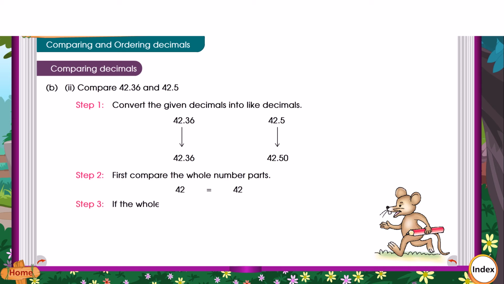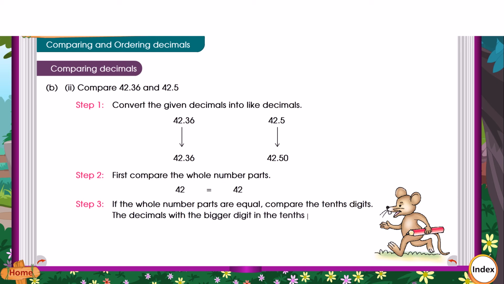If the whole number parts are equal, compare the tenths digits. The decimal with the bigger digit in the tenths place is greater. 0.3 is less than 0.5. Hence, 42.36 is less than 42.50, or 42.50 is greater than 42.36.